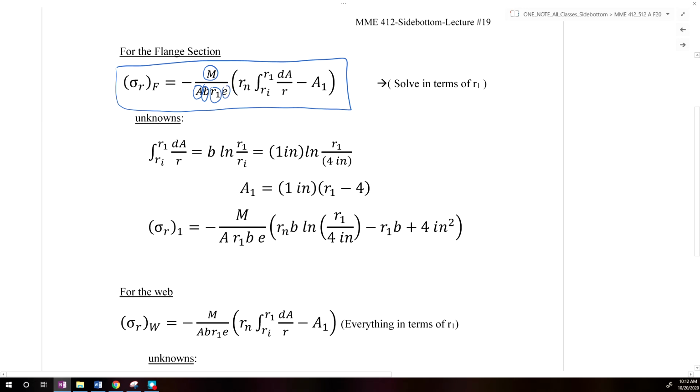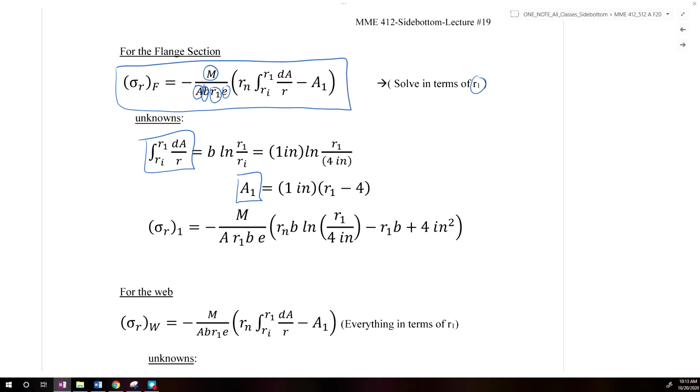The only thing we're going to do is solve this equation in terms of R1, so we want this equation to be only a function of R1. The things we haven't defined yet are this integral here, and what A1 is equal to. So we're going to calculate A1.